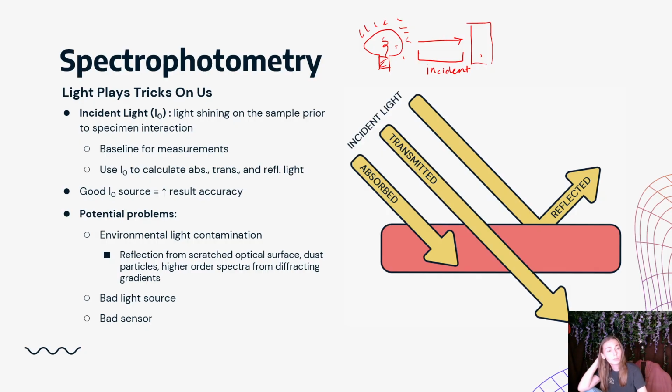So if I have an environmental light contamination, say I'm working on my analyzer and I open up my reaction chamber as I'm running my reaction, and all of a sudden I've introduced 30 or 40 times more light than I initially had within my reaction chamber, not reaction vessel, reaction chamber. Reaction chamber is where this all occurs. If I suddenly introduce a bunch more light, the computer is stupid and doesn't know that that light is not supposed to be there.